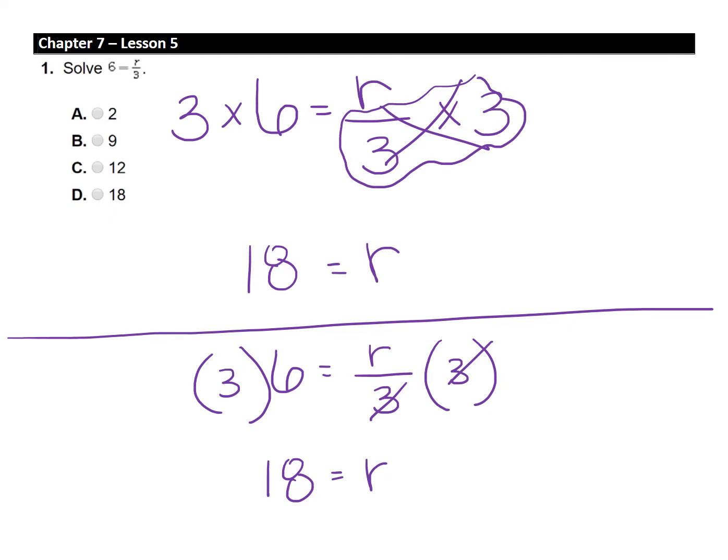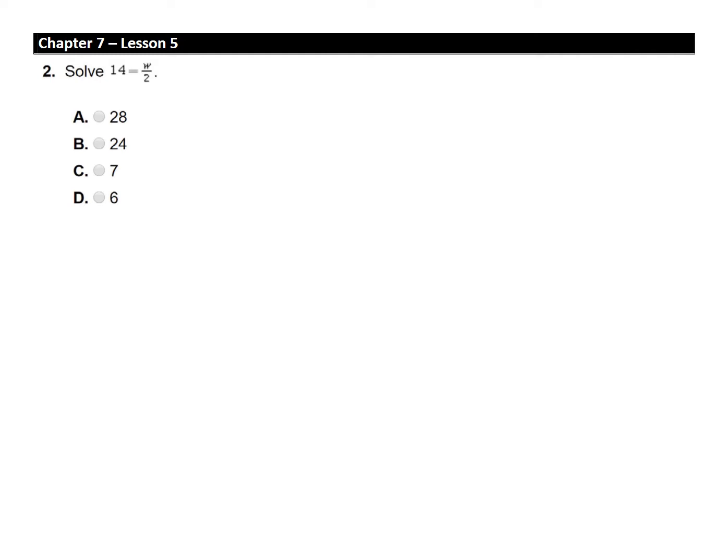All right, so number 2, solve 14 equals w divided by 2. So you could have done this. Maybe I kind of like this one, doing it this way better.